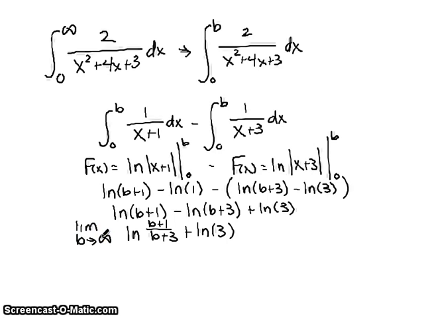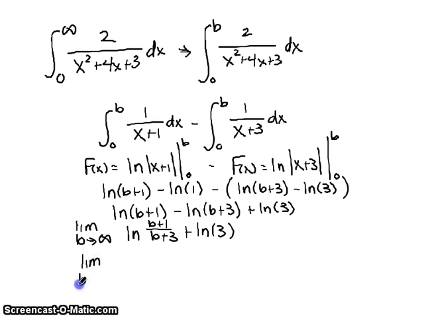So if we think about plugging infinity into our problem, infinity plus 1 is still infinity. Infinity plus 3 is still infinity. So the limit of that first piece is infinity over infinity, which means we can use L'Hopital's rule. Right? Infinity over infinity is an indeterminate form.